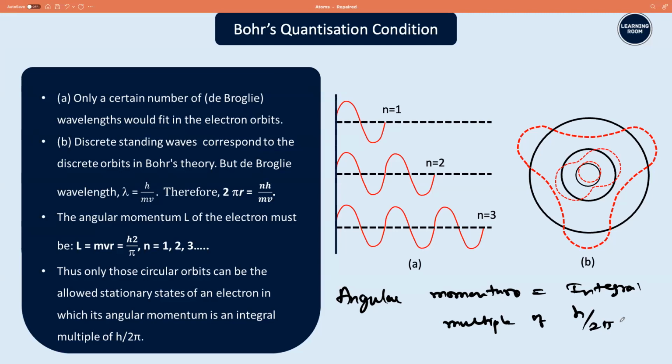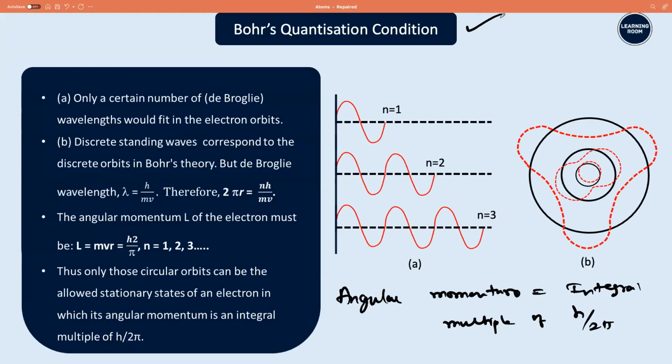So angular momentum is an integral multiple of h divided by 2 pi. Are you able to understand? Shall I proceed? Right. So have this in your mind.